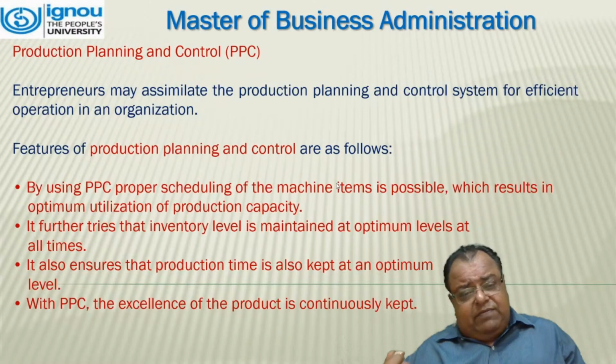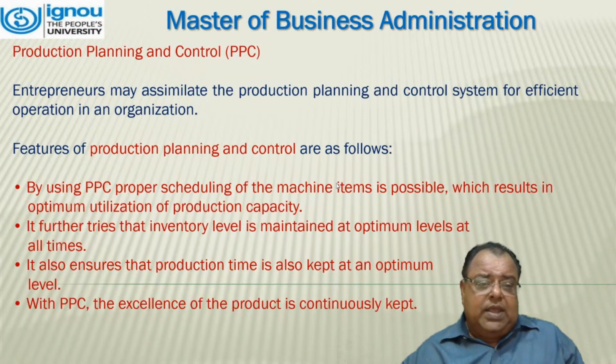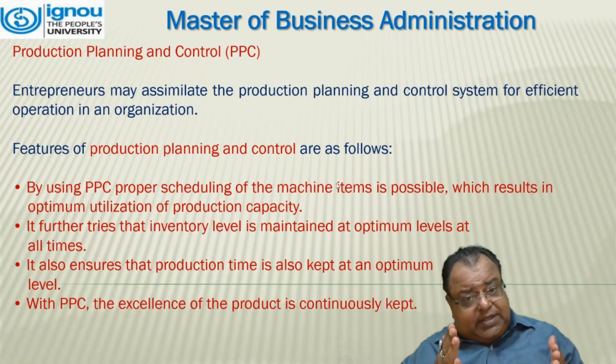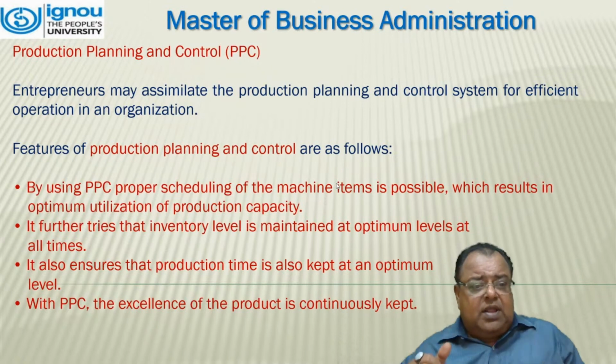Another important function which has to be performed is production planning and control, what we call PPC. Entrepreneurs may estimate the production planning and control system for efficient operations in an organization. What are the features of this PPC?